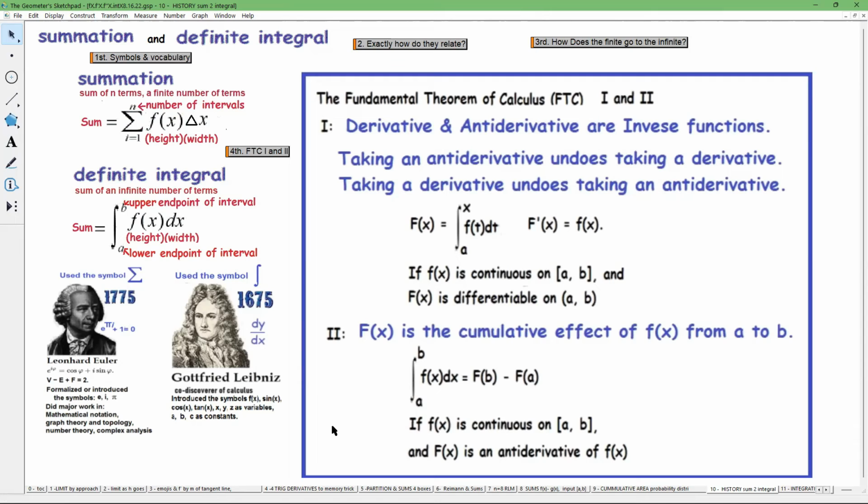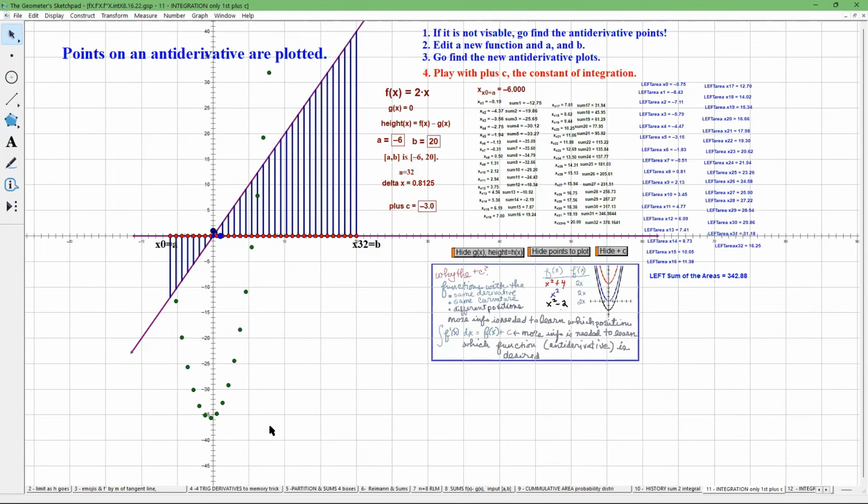You want the integral from a to b of f of x dx, and it's F of b minus F of a. That's the idea we're going to use as we take an integral.